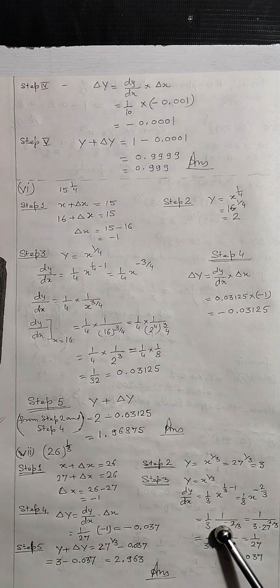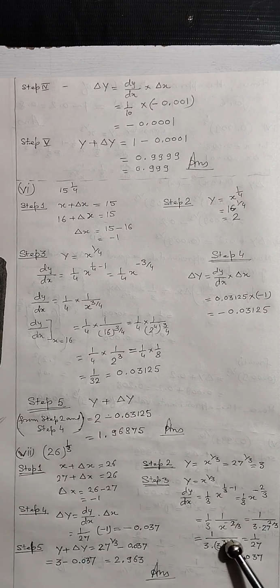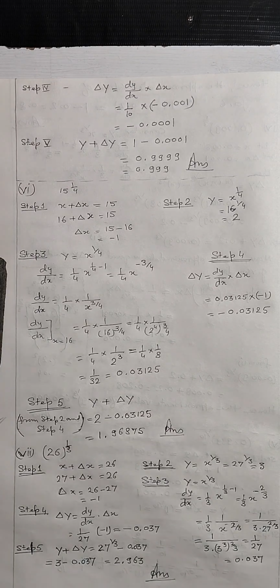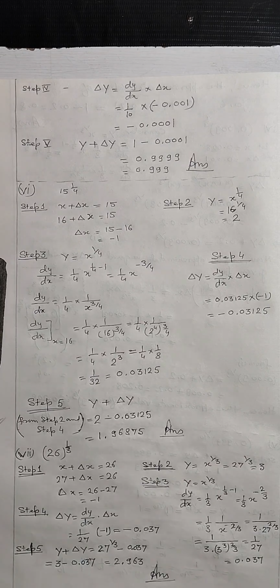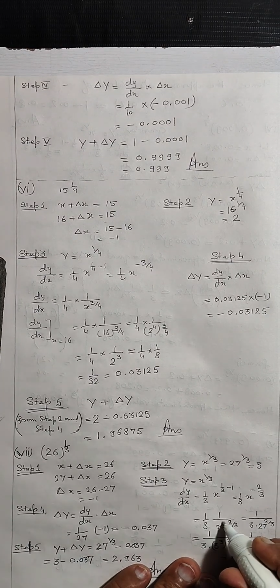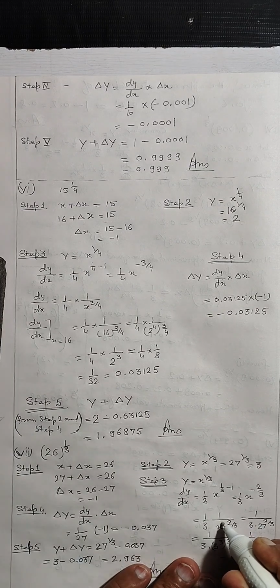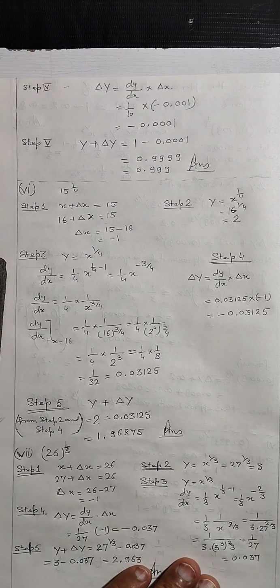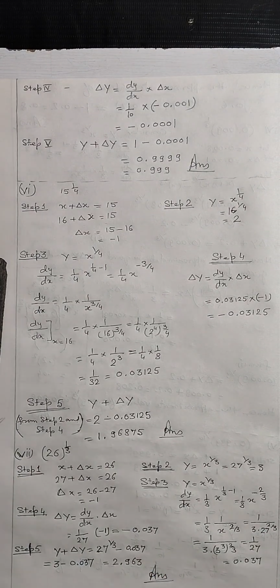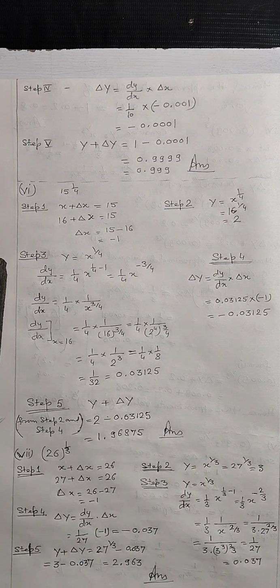Now I have solved it here, 1 upon 3 x raised to power 2 by 3, because when we bring it down, the power becomes positive.